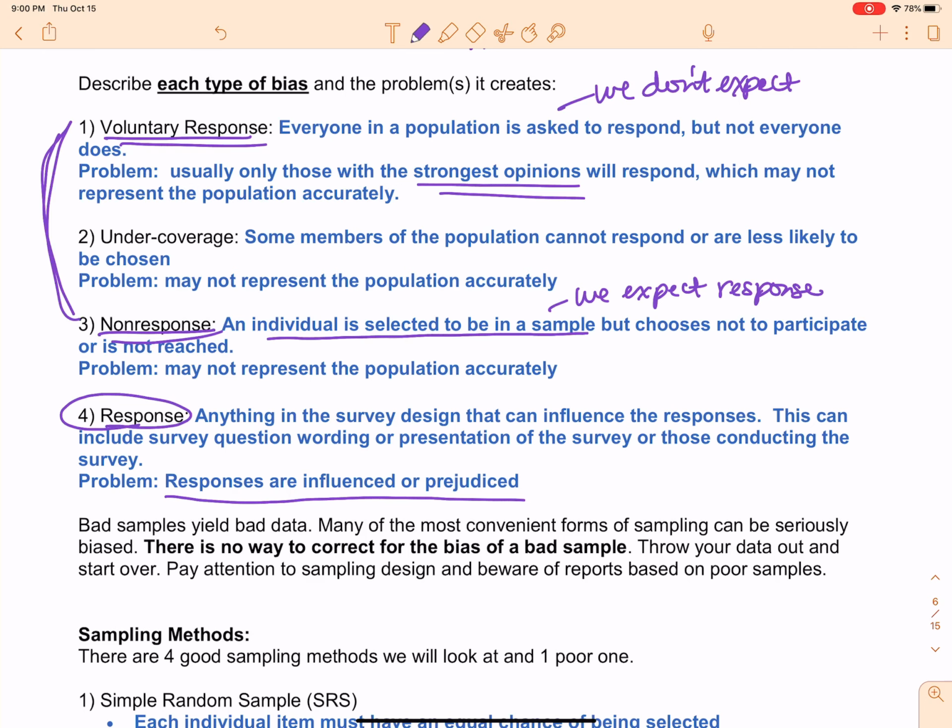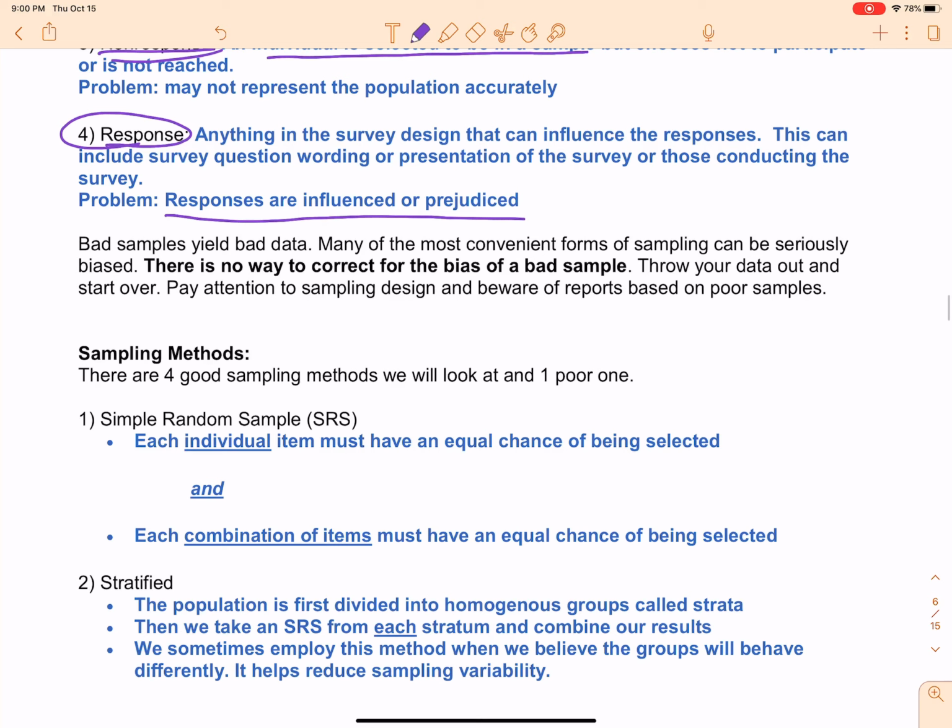All right, something important to remember with bias. If you take a bad sample and it is not as representative of the population as it needs to be, then this means that you can't fix it. Okay, you can't fix a bad sample. Bad samples are going to give you bad data.